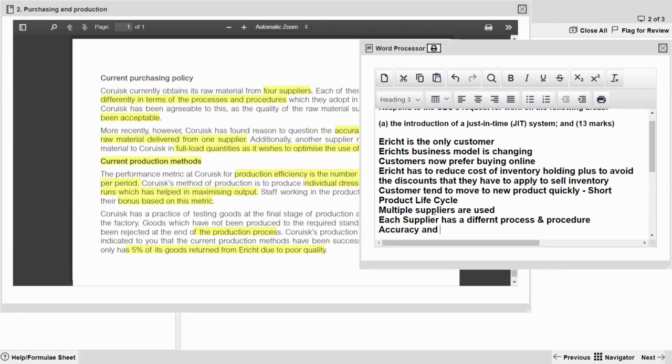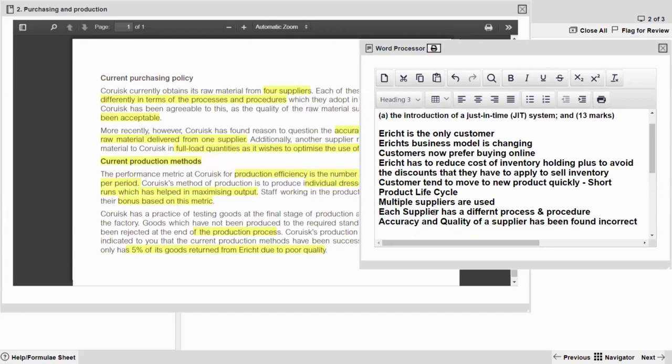Accuracy and quality of a supplier has been found incorrect. Furthermore, another supplier is insisting on large order size.